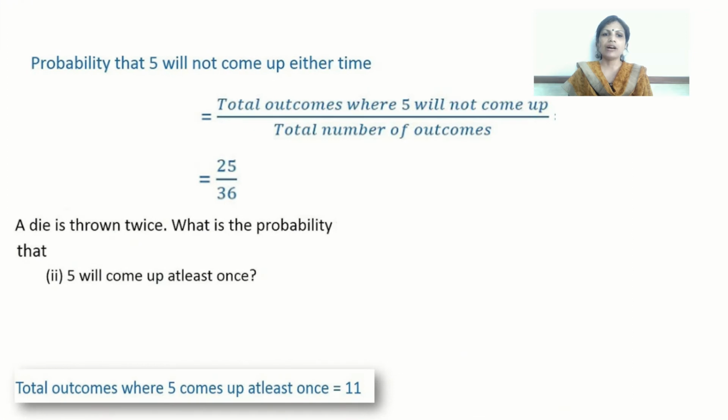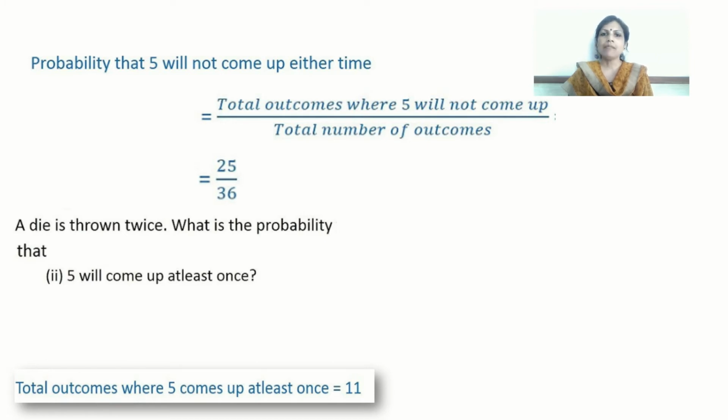Probability that 5 will not come up either time is equal to total outcomes where 5 will not come up upon total number of outcomes. So we calculated that as 25 and total number of outcomes are 36. So 25 upon 36 is the probability that 5 will not come up either time.